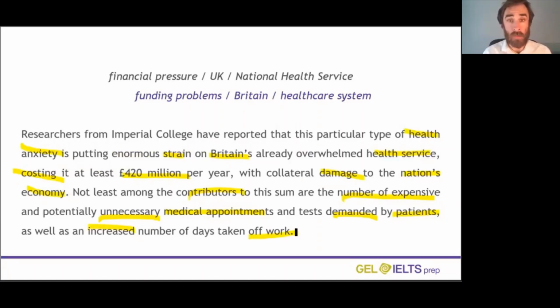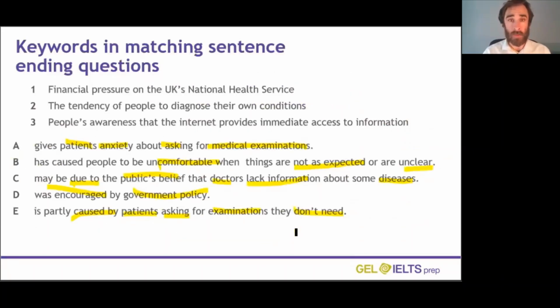Thinking about those keywords that we've underlined here, which answer option has the most matches? Look back at these options and decide which one is probably going to be our answer for number 1. Look at the next question below this video and choose the correct option. A, B, C, D, or E.